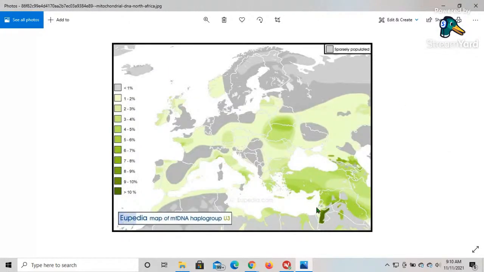Okay, this is the mitochondrial DNA, which is 95% of Europe is a derivative of this U mitochondrial DNA haplogroup, the maternal lineages, which originated apparently here, or it's a Semitic mitochondrial haplogroup anyway.